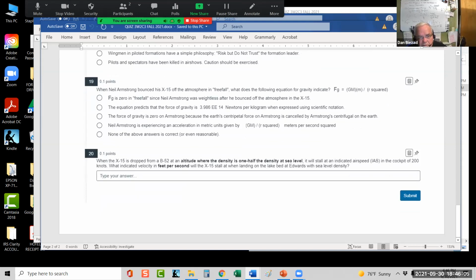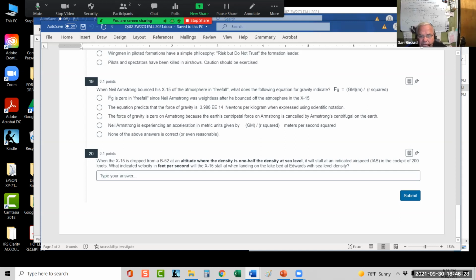Okay, so an X-15 is dropped from a B-52, where the density is 1/2. That's around 20,000 feet. It will stall, in the cockpit, at 200 knots. What's the indicated velocity in feet per second that it will stall?